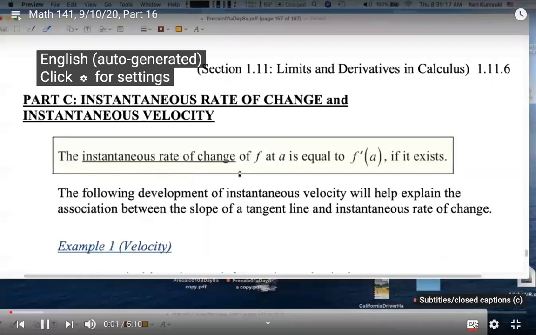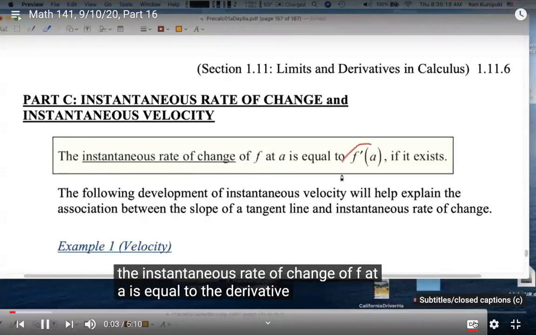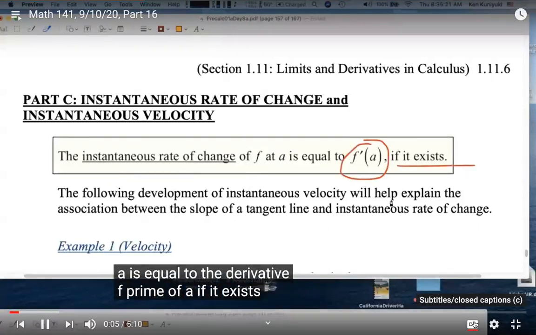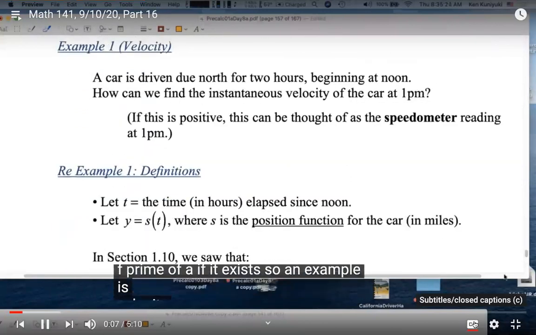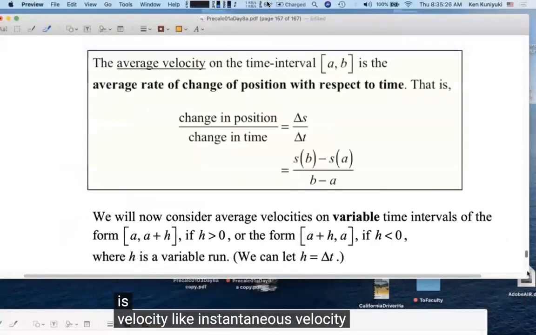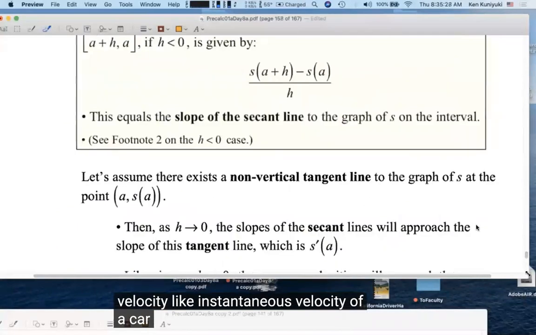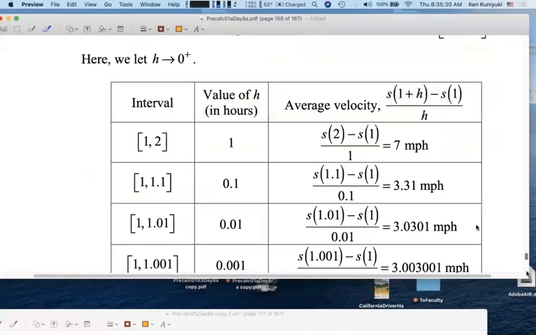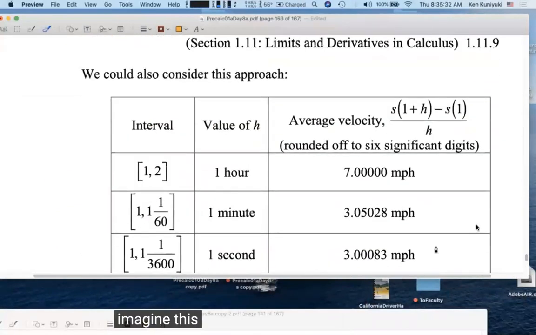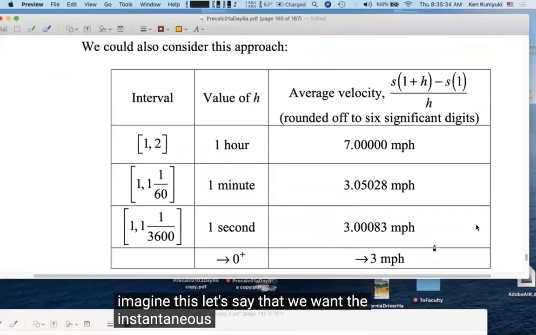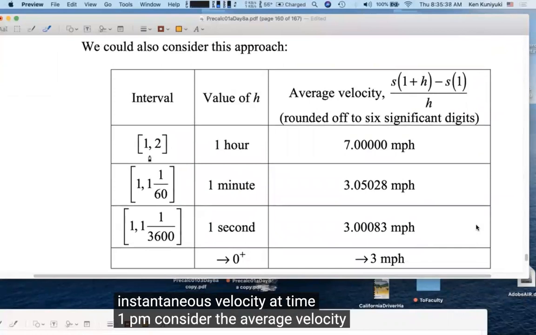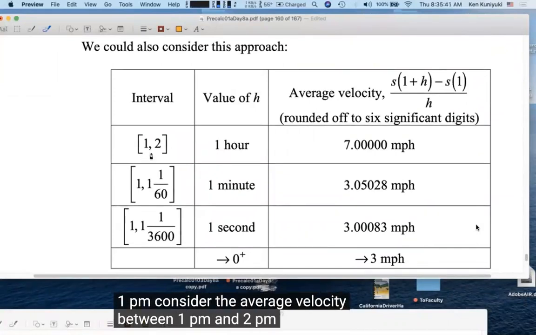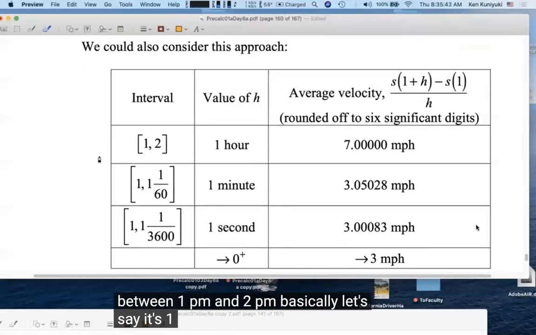The instantaneous rate of change of f at a is equal to the derivative, f prime of a, if it exists. So an example is velocity, like instantaneous velocity of a car. Imagine this. Let's say that we want the instantaneous velocity at time 1 p.m. Consider the average velocity between 1 p.m. and 2 p.m. Basically, let's say it's 1 p.m. right now.